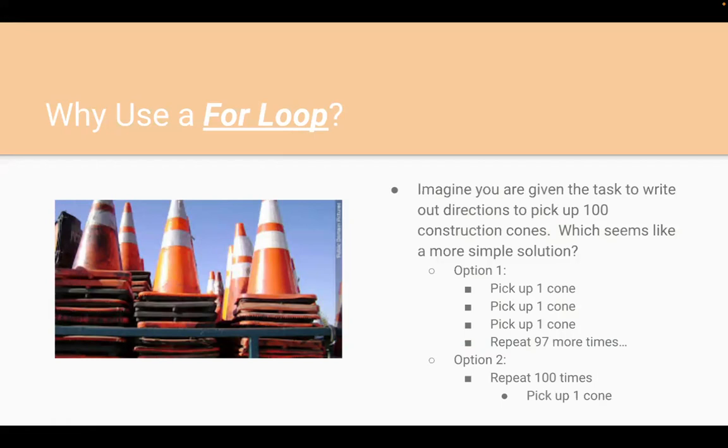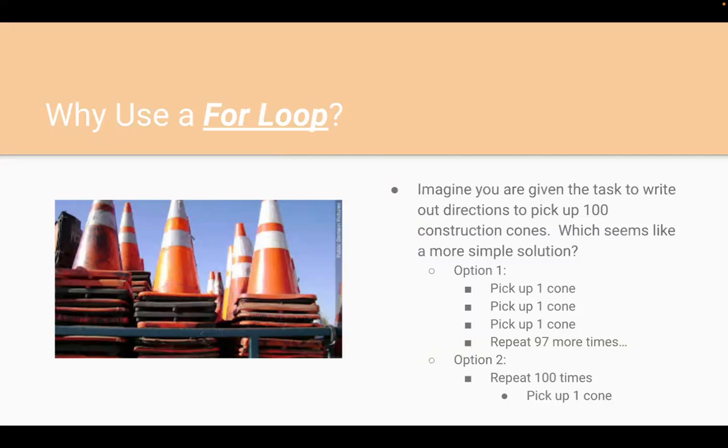So now you could tell them, pick up one cone, and then pick up another cone, and then pick up one cone, and then pick up another cone. You could tell them this 100 times until they pick up every single cone, which is 100 cones total, right? Or you could just say, pick up one cone and then repeat that 100 times.